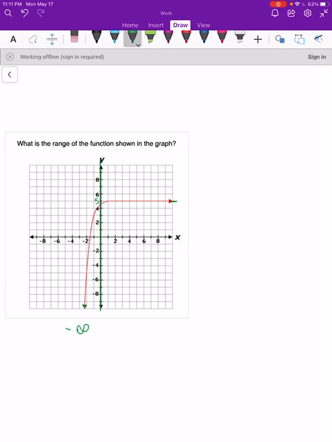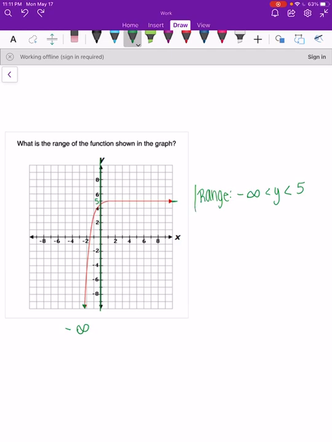So my range, what y values my function touches, is all the way from negative infinity. All those negative numbers it will touch. Say y. And then it goes all the way up to 5. But it doesn't touch any of the numbers bigger than 5, like 6, 7, 8, 9, 10, 100.